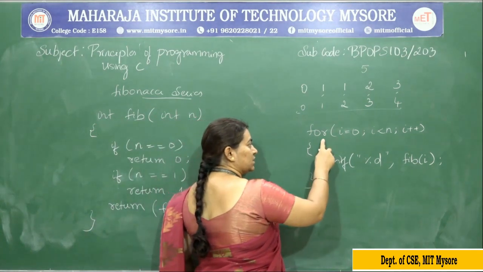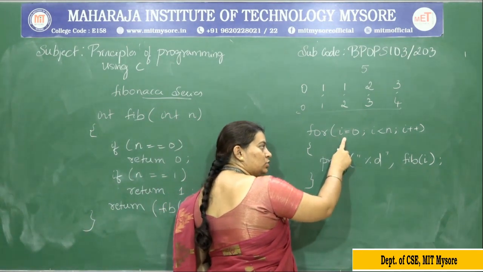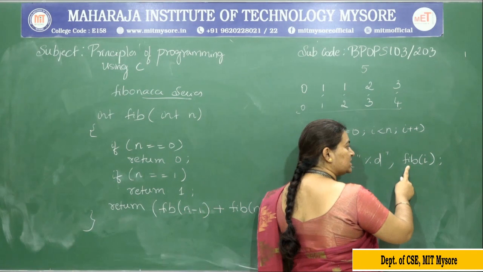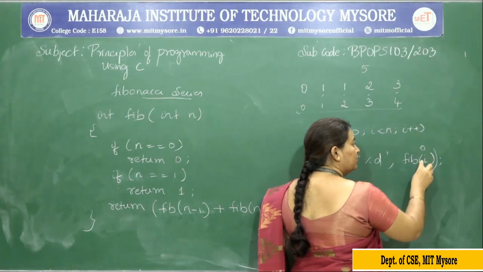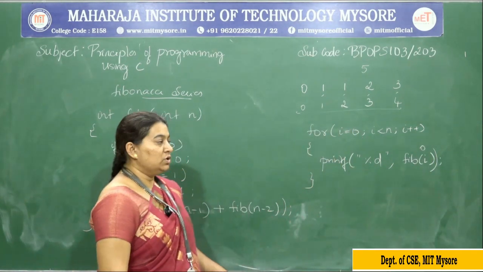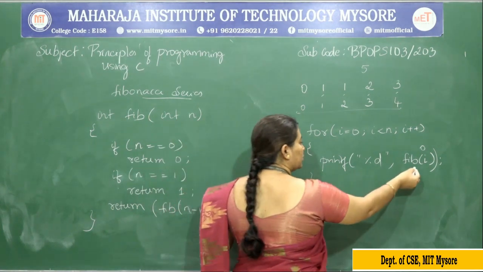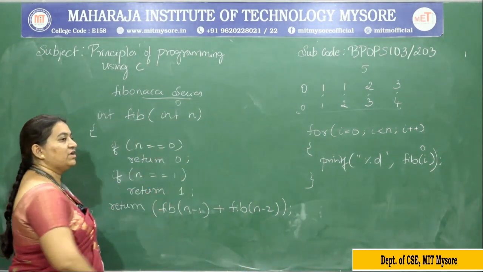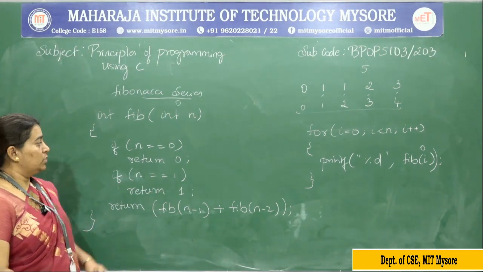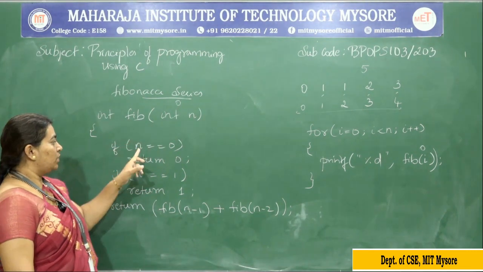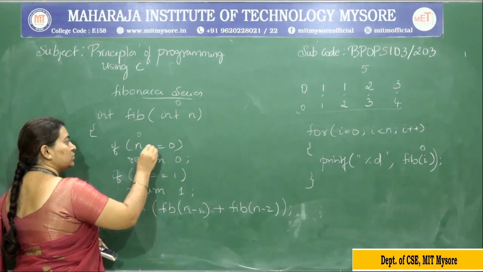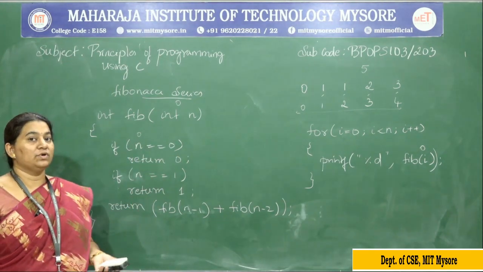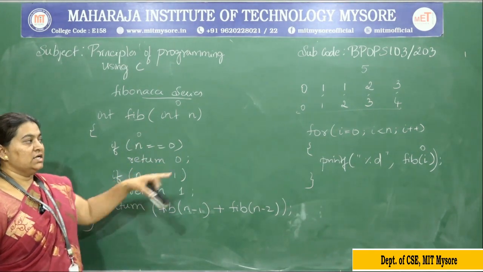So when my i is equal to 0, I'm going to send the function call fib of 0. This function is going to call fib of 0, so here n will have a 0 value. When it is 0, what will happen? 0 is equal to 0, so I have to return 0.